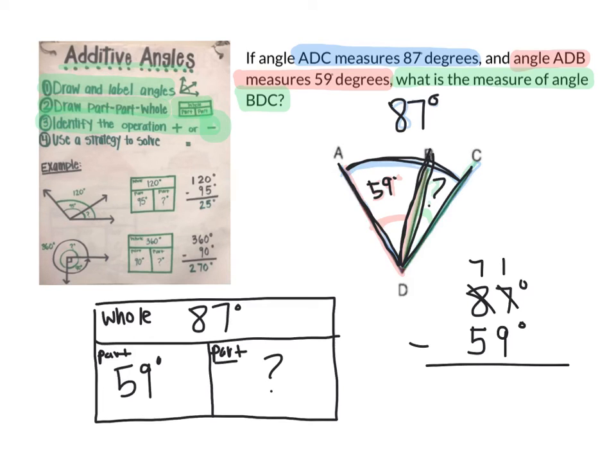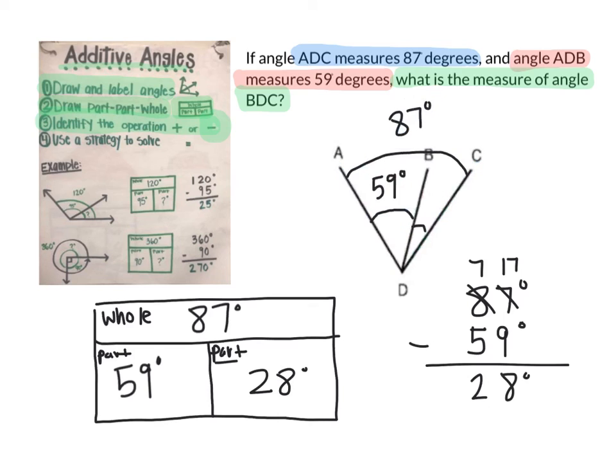I give 10 to 7 to make 17. 17 minus 9 is 8. And 7 minus 5 is 2. So we've got 28 degrees. We solved for our missing part. So we can go back to our picture and fill in our missing angle, 28 degrees.